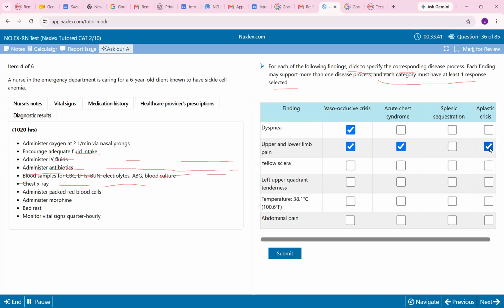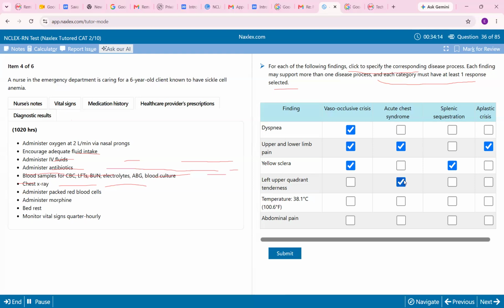After this, I will tell you each condition. Okay, I will check it. Then yellow sclera, that's splenic sequestration. Vaso-occlusive crisis also, and left upper quadrant tenderness, that comes under acute chest syndrome.